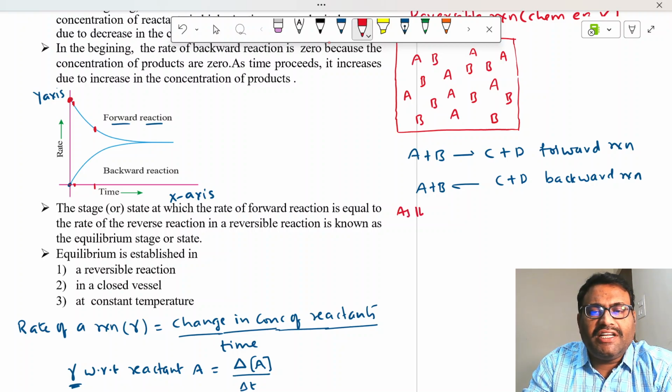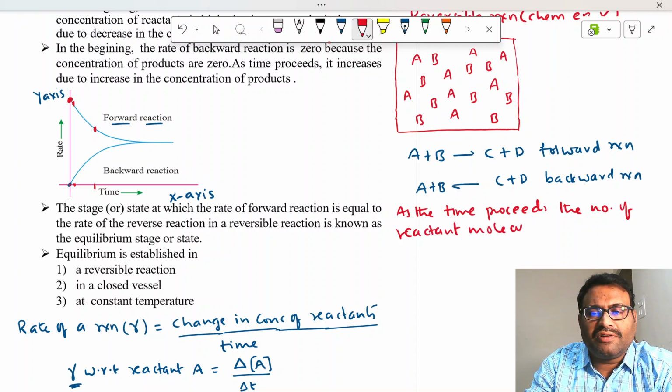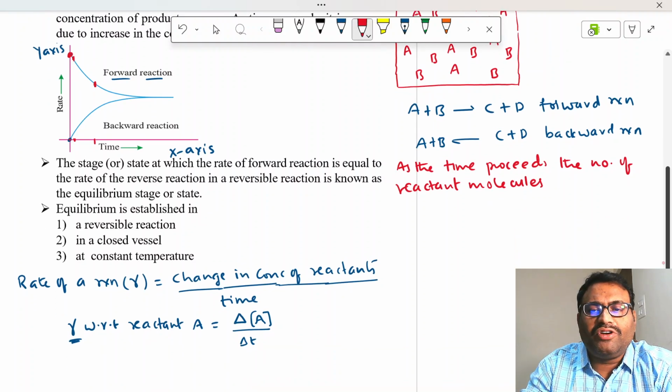So as the time proceeds, that means as the reaction proceeds, the number of reactant molecules, or the amount of the reactants, decreases.